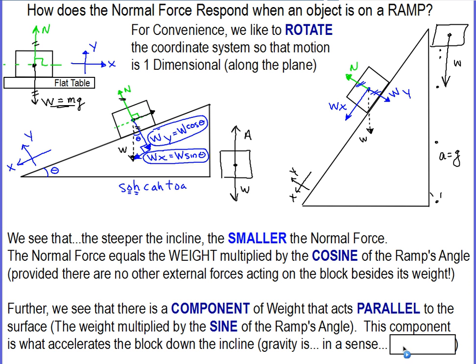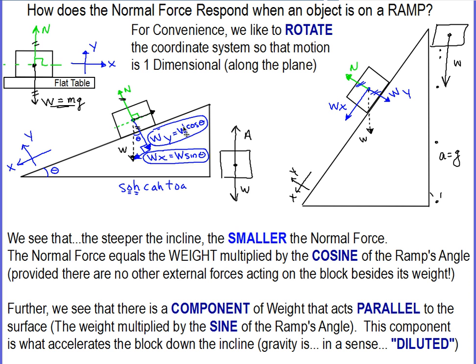Gravity is, in a sense here, sort of diluted. The effect of gravity happens more slowly when we consider motion along an inclined plane. The analogy I like to use is if you have to take medicine, maybe when you're a child, and you have to take a full teaspoon of some medicine that tastes horrible, if you take that medicine and dilute it by putting it into a cup of your favorite drink, maybe milk or something along those lines, you can drink the entire cup of milk and get the entire contents of your medicine much more slowly than if you were to take it all at once.